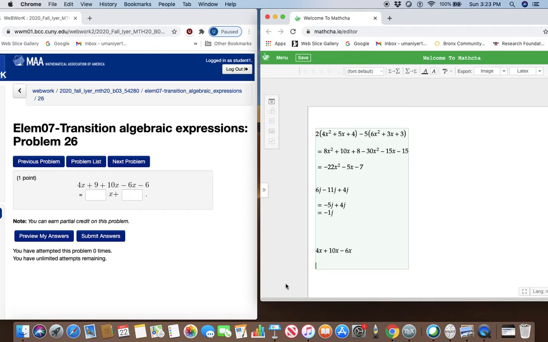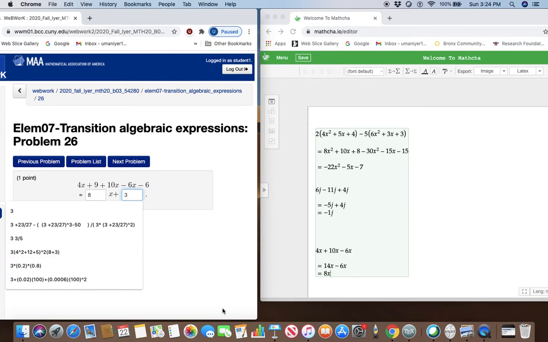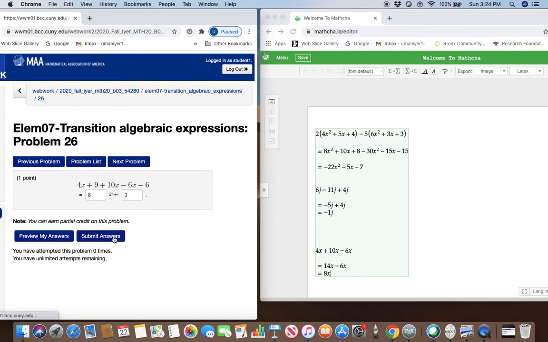Okay, so 4x plus 10x is 14x, minus 6x. 14x minus 6x is 8x. Now 9 minus 6 is 3. So 8x plus 3. Next problem.